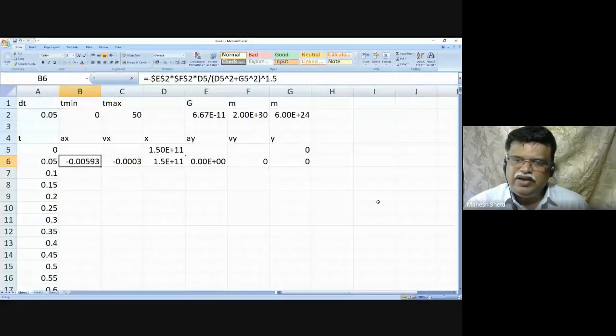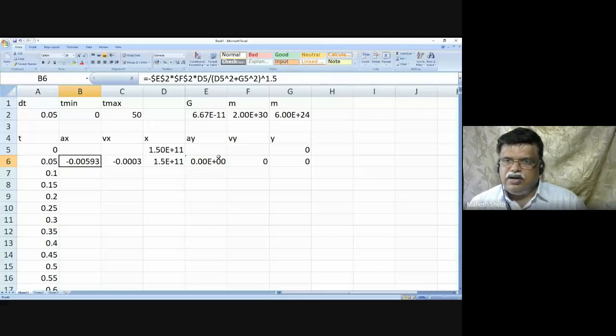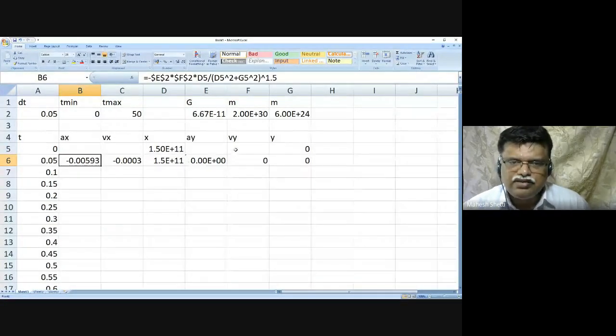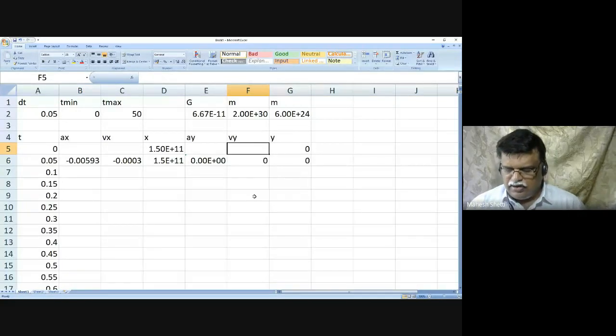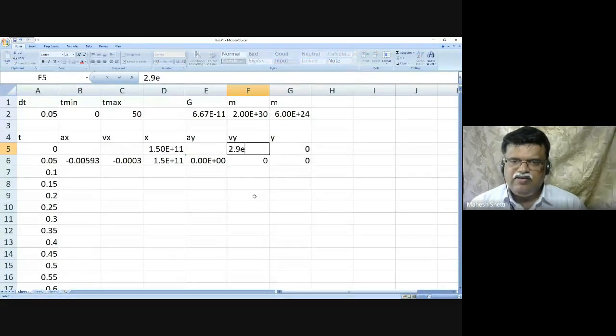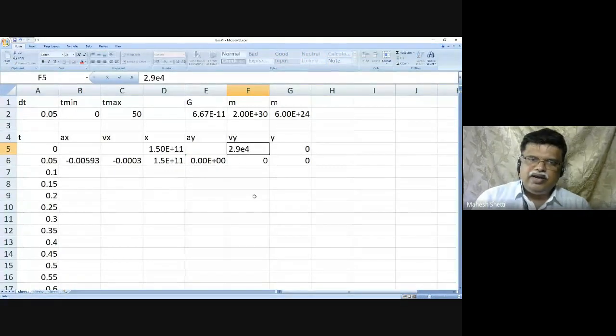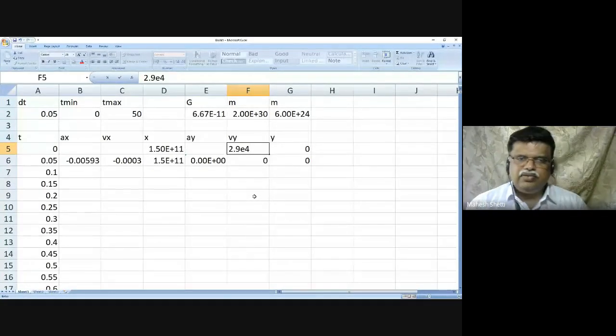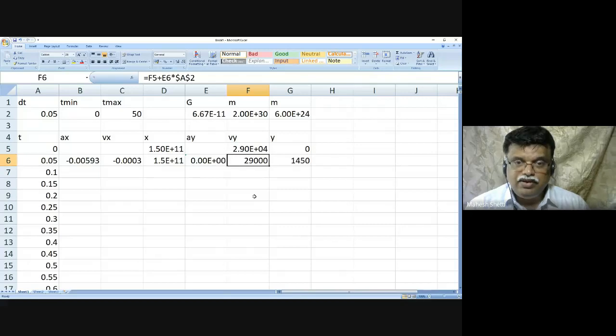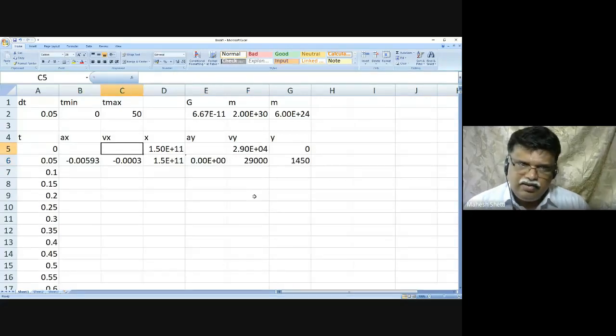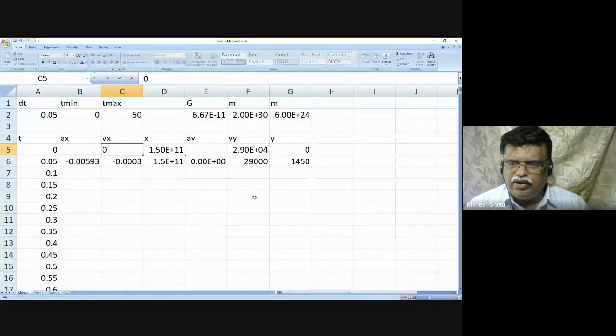We know the y velocity for Earth is approximately around 29 kilometers per second or so. So I want to put that value right now: 29 into 10 raised to 3, so 2.9 E4. This is what I'm going to keep in the beginning. Initial velocity along the x direction is going to be 0. This is what I'm taking.